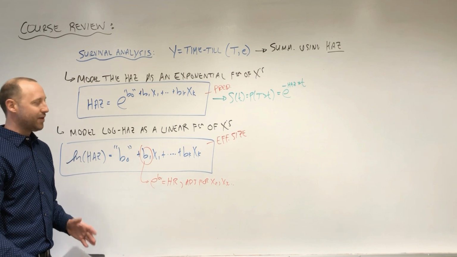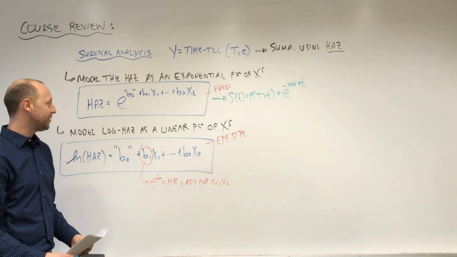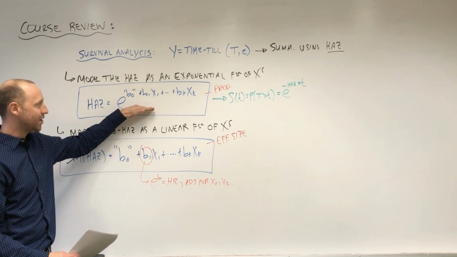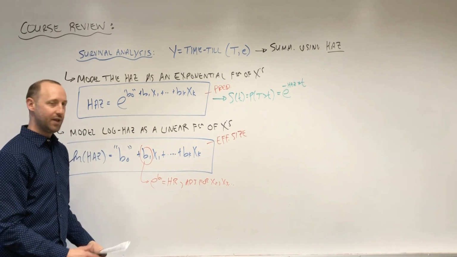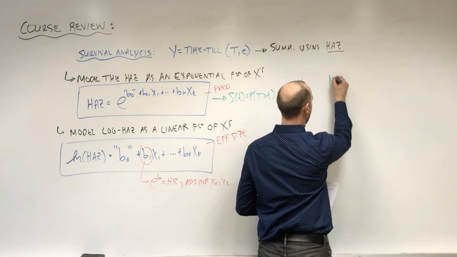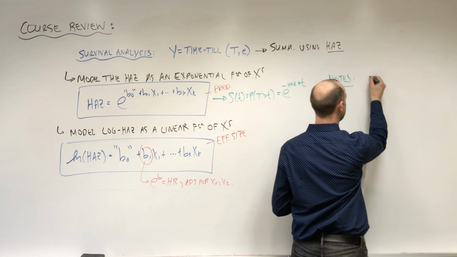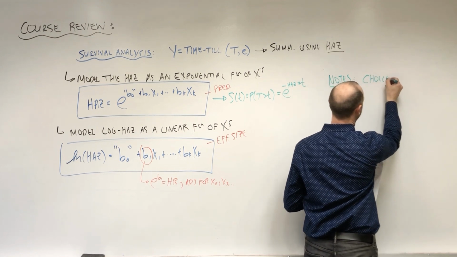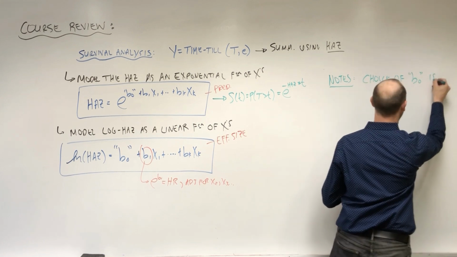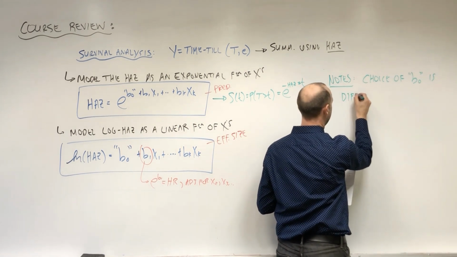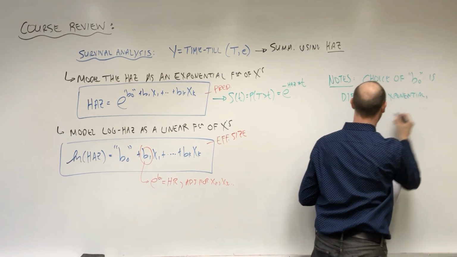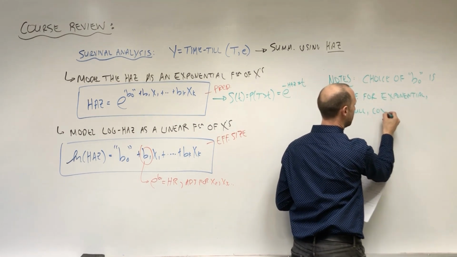This differed a little bit from linear or logistic or the other models in a few ways. What made this unique? Well, this also has a time component to it, which linear regression did not. So just a few notes on this. First one is that our choice of this b naught term is different for the exponential, the Weibull, Cox proportional hazard.